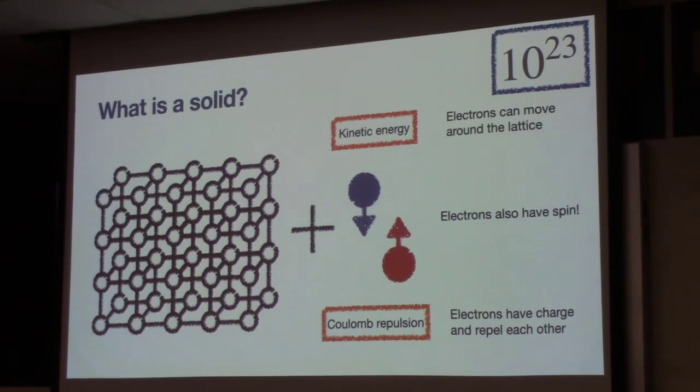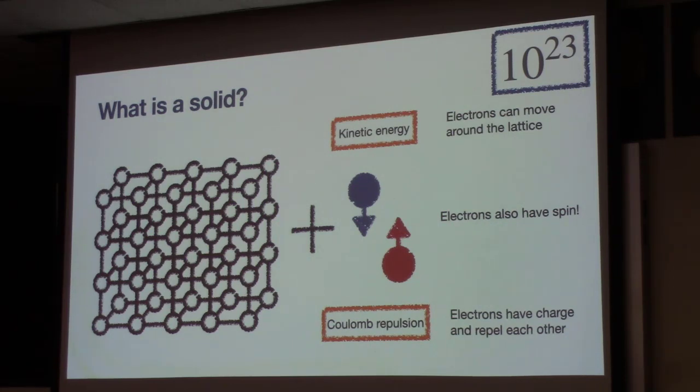There are many of them. And with these three ingredients, well, actually four: kinetic energy, spin, interactions, and geometry, we have a myriad of systems that can exhibit different properties, like metals, insulators, magnetism, superconductors.